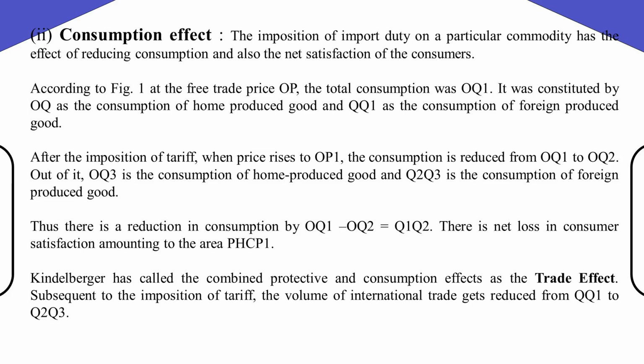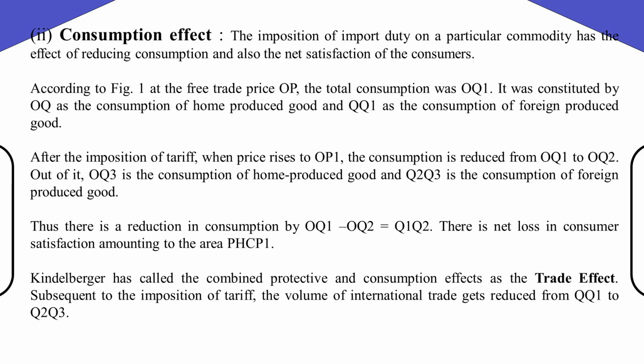Thus, there is a reduction in consumption by OQ1 minus OQ2, which is equal to Q1Q2. So, there is a net loss in consumer satisfaction amounting to the area PHCP1, which is obvious in the diagram.